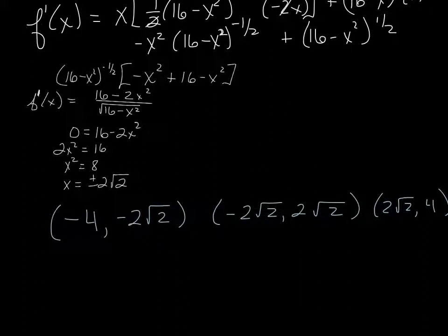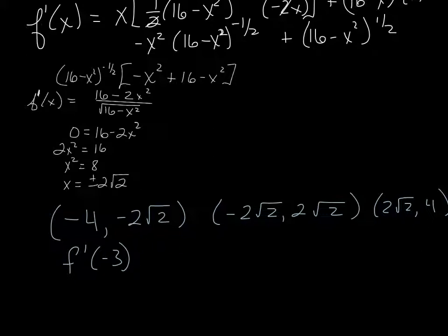Make sense? All right. So what we're going to do, and I don't really care what the value is, I just want to know negative or positive. So I'm going to choose some value in that interval. What's some number between, I think we could use negative 3, f prime of negative 3. I just want to know, is it negative or positive?